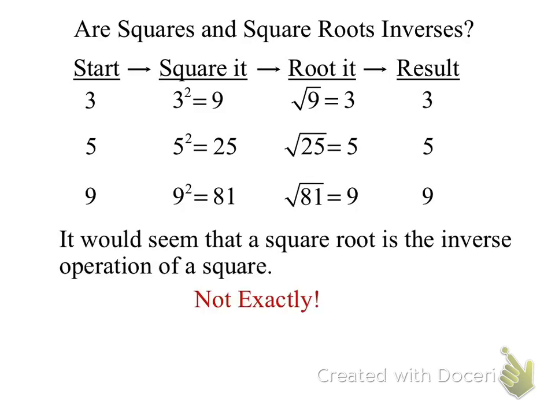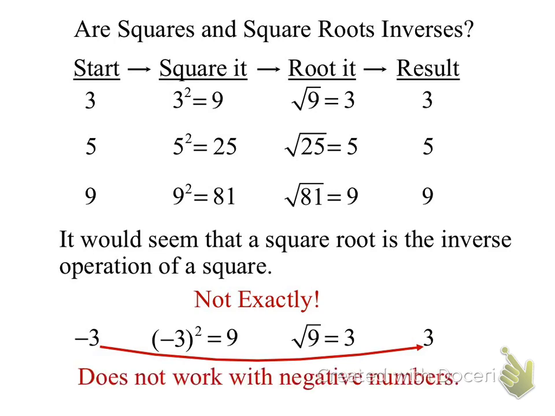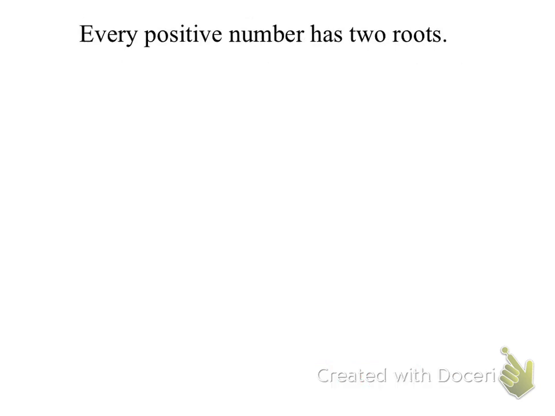Does it work with a negative number? No. If I take negative 3 and I square it, what do we get? 9. Positive 9. But then when I take the root of 9, what do we get? 3. That's right. So it doesn't work with negative numbers. This only works with positive numbers.